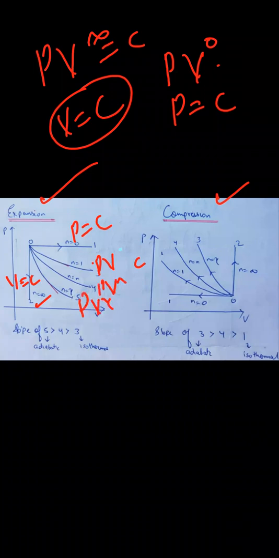Likewise, compression process. N equals 0 means pressure is constant, this is volume is constant, then PV isothermal, then polytropic, then adiabatic. Like that.